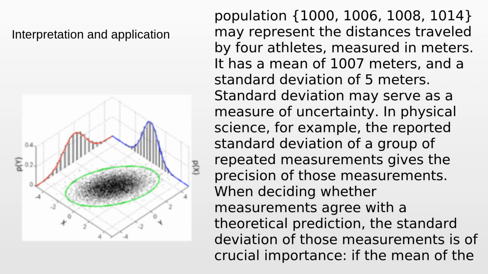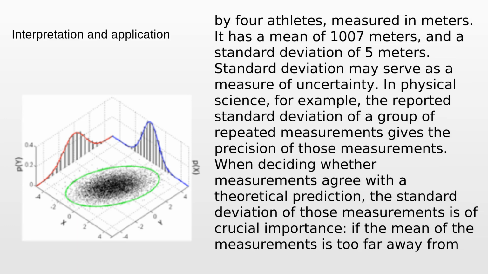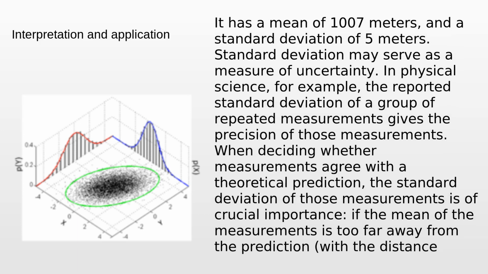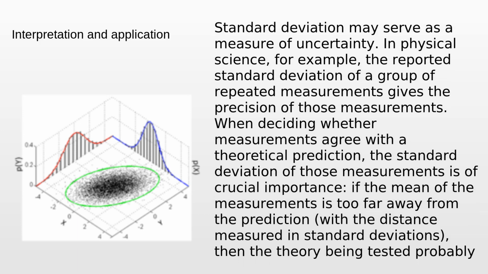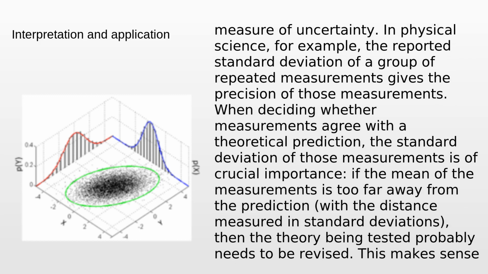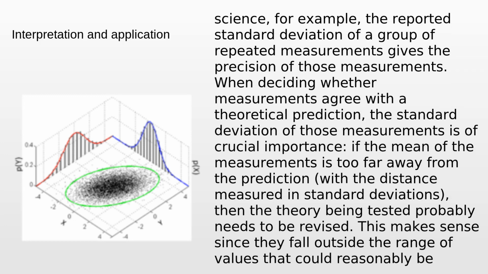As another example, the population 1000, 1006, 1008, 1014 may represent the distances traveled by 4 athletes. Measured in meters, it has a mean of 1007 meters and a standard deviation of 5 meters.